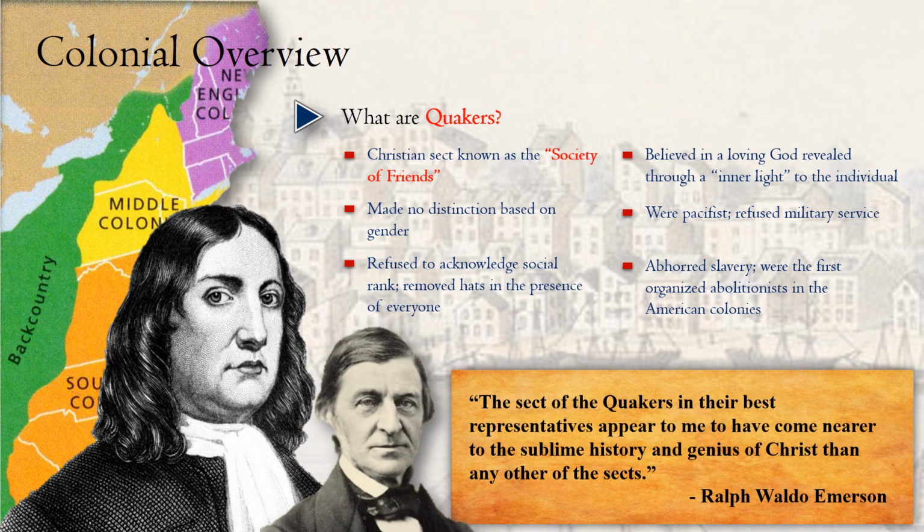Ralph Waldo Emerson, who was a transcendentalist writer in the 1820s, 30s, and 40s, said, "The sect of the Quakers, in their best representatives, appear to me to have come nearer to the sublime history and genius of Christ than any of the other sects."